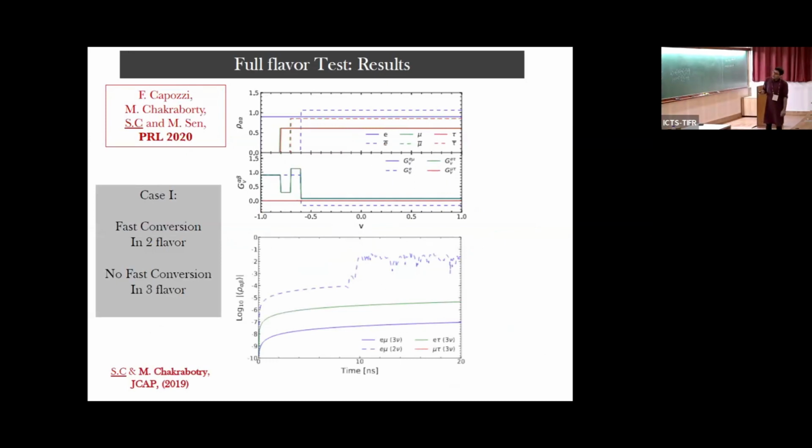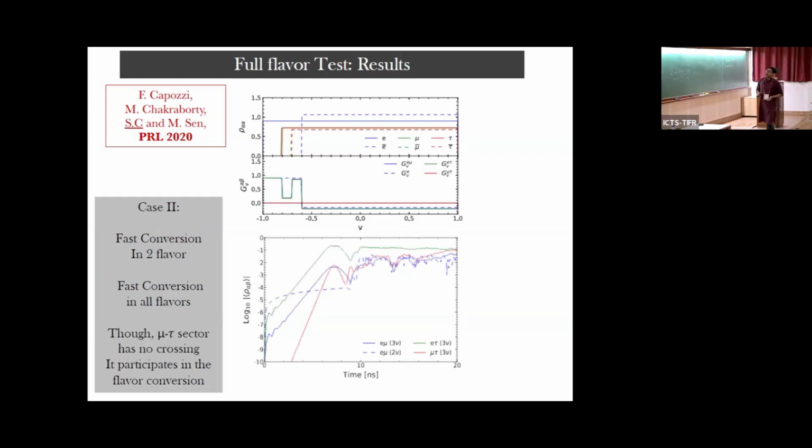Here you can see, this is again how you remember the off-diagonal elements tell you about the change in the oscillation. Here we are only looking at the off-diagonal element. The off-diagonal element for a two flavor scenario gives you growth, that is, there can be flavor instabilities. But if you go to a three flavor scenario, you do not have any growth. So the three flavor effects were really important, and this is something we realized.